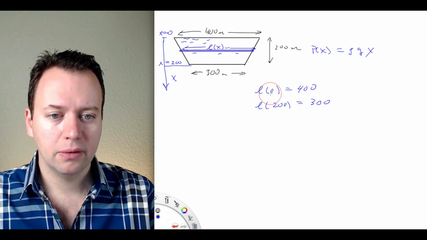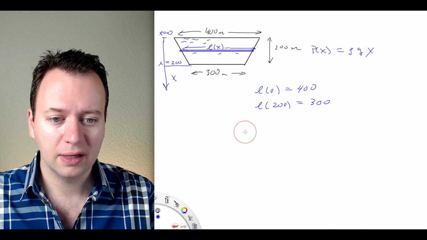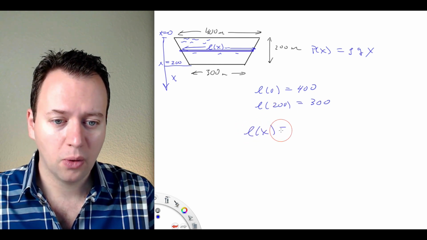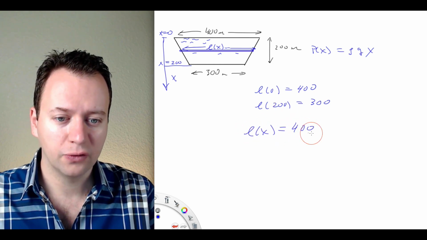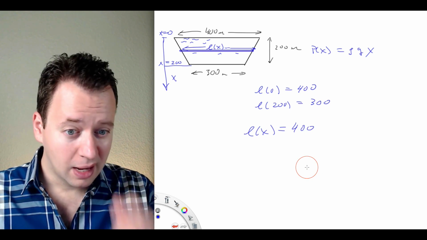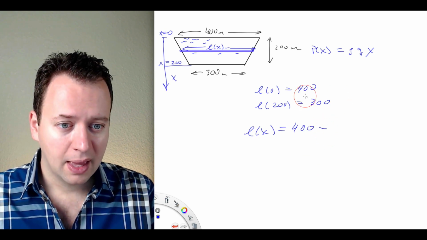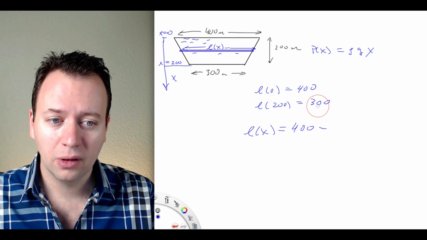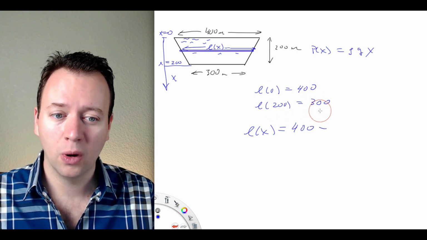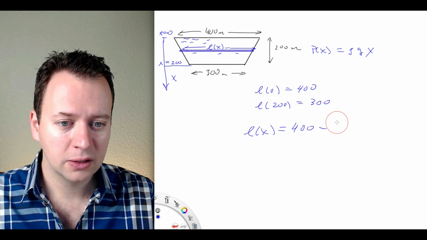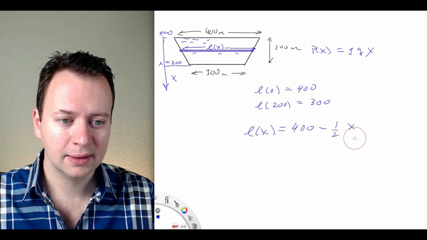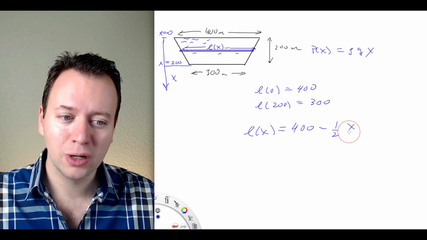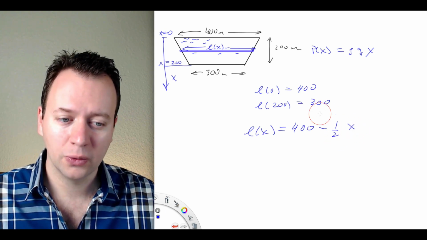The first data point gives us our y-intercept, 400. L of x is decreasing, and when x changes by 200, the length drops by 100, so it should be minus 1/2 x. When x is 200, we get 200 over 2, which is minus 100, so we get 300.